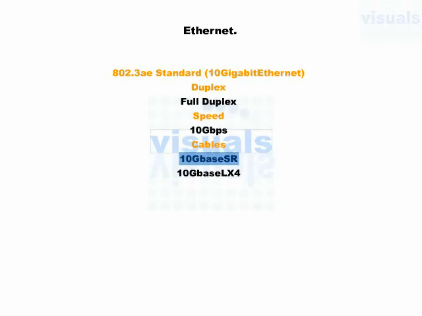These are here: 10 G base SR. Under 802.3ae standard, it provides 10 Gbps data transmission rate. 10 G base SR provides 10 Gbps data transmission rate over multi-mode fiber optic cable.